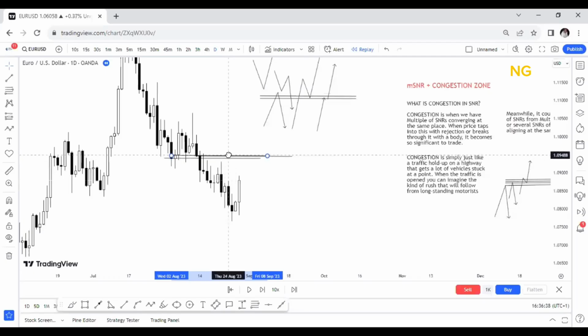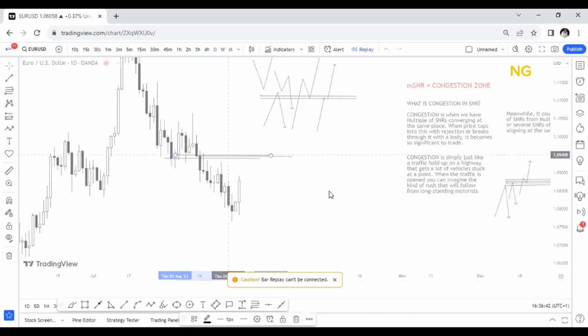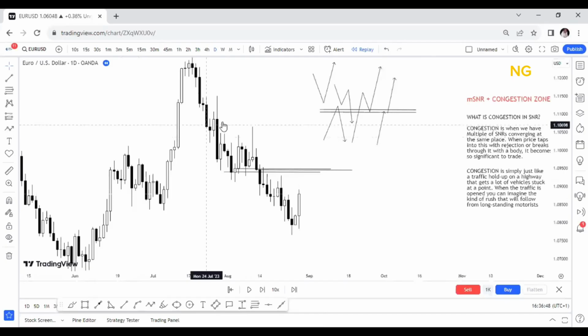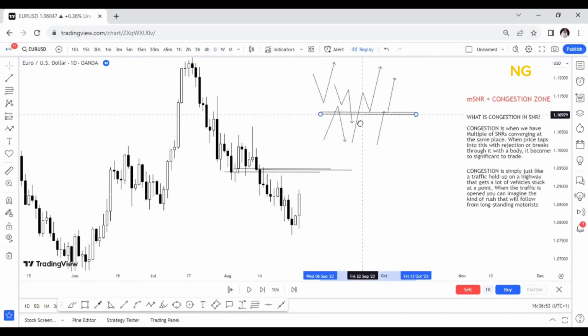If you use your line chart, you may not see it. So it's better to use the candlestick charts to see the congestion very well.